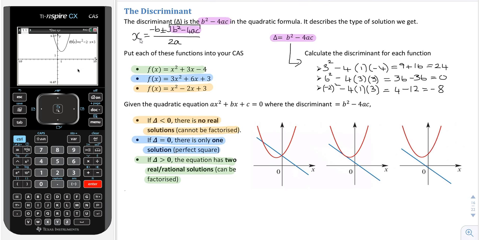However, we can have scenarios where we're not looking at where it touches the x-axis, but instead we're interested in where it touches another graph. The discriminant will still work for this, but you have to make your equations equal to each other. So for instance, if you have your quadratic and you make it equal to your linear, rearrange it so it's equal to 0, and then find your discriminant from that, you can actually calculate whether or not you have 1 solution, 2 solutions, or no solutions.